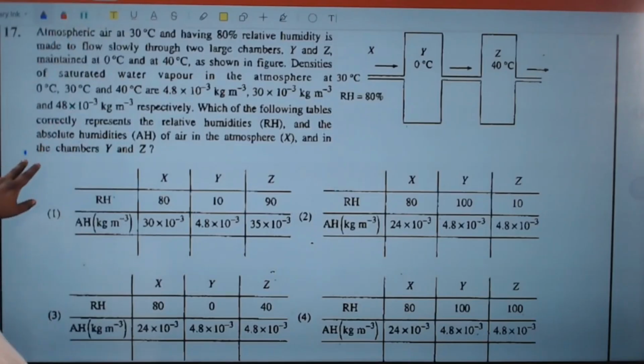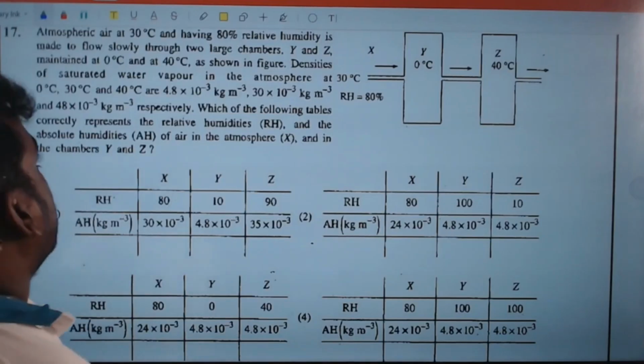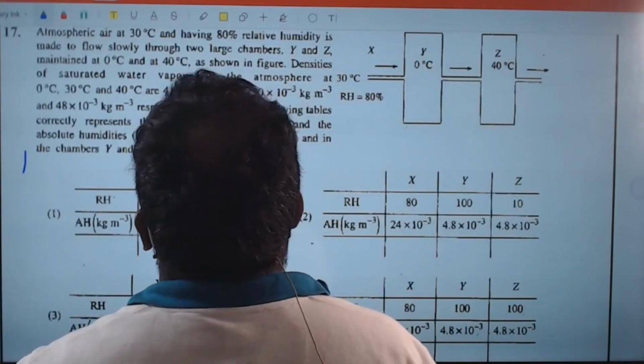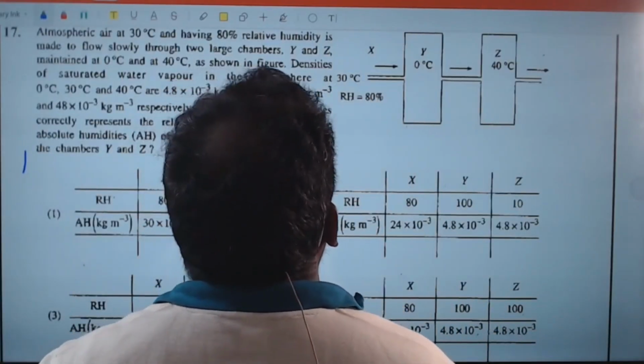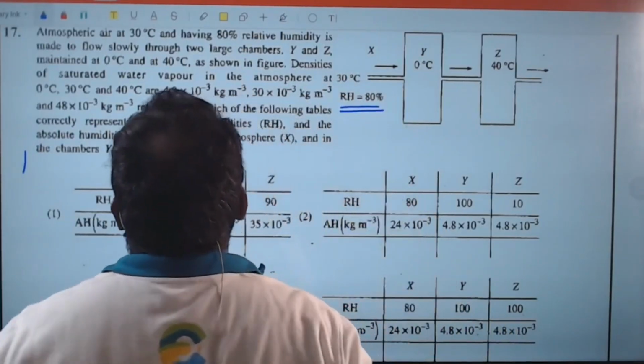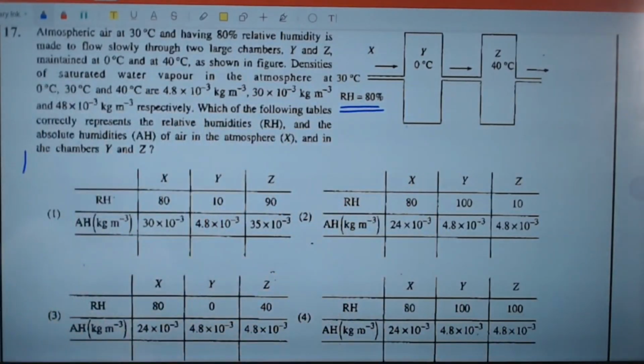Question number 70. Atmospheric air at 30 degrees having RH 80% is made to flow slowly through two large chambers. Y is maintained at 0, Z is maintained at 40.